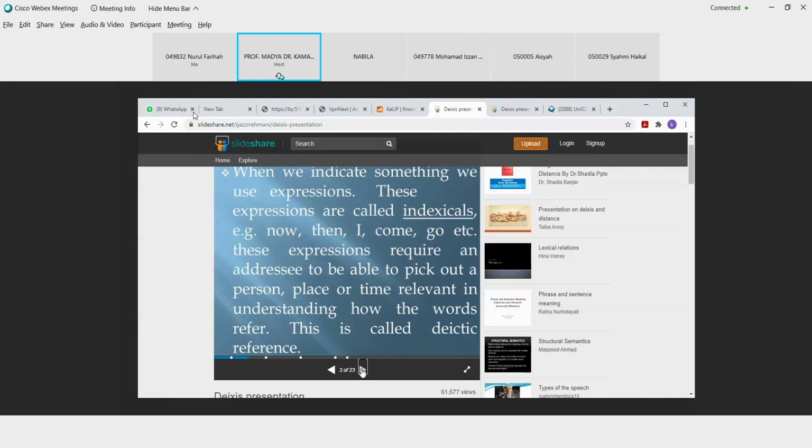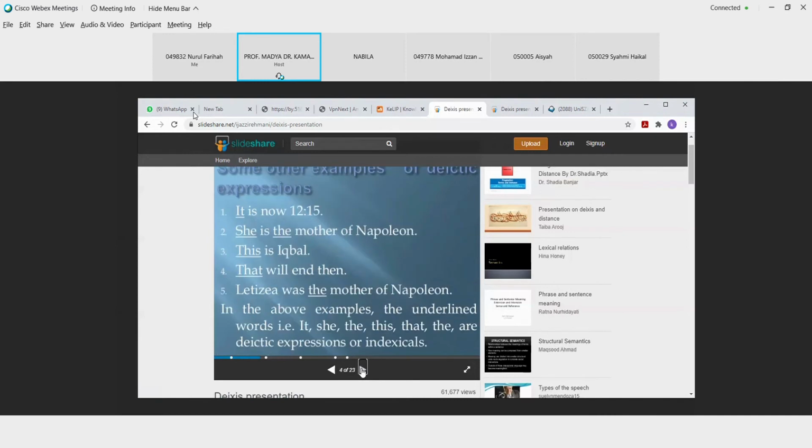Next, what else? These are examples. It is now 12:15. Where is the deictic reference? It. She is the mother of Napoleon. The reference word is she, and the reference is the mother.